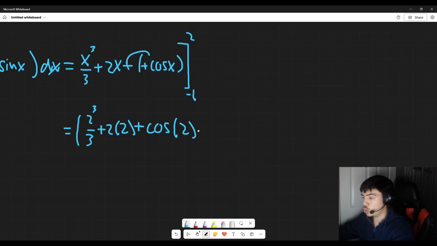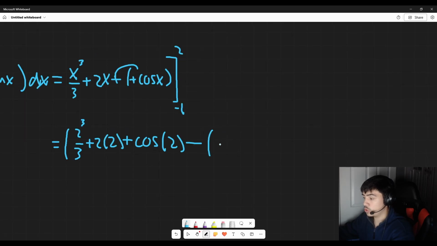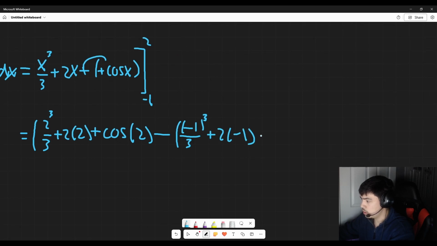And then we're going to do minus, and then we're going to evaluate at the bottom bound now. So we're going to have negative 1 cubed over 3 plus 2 times negative 1 plus cosine of negative 1.